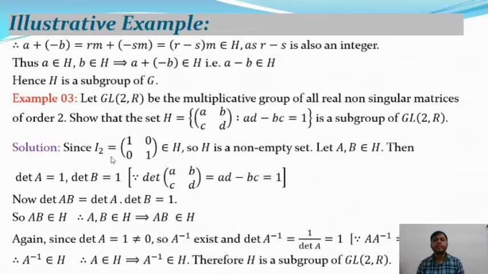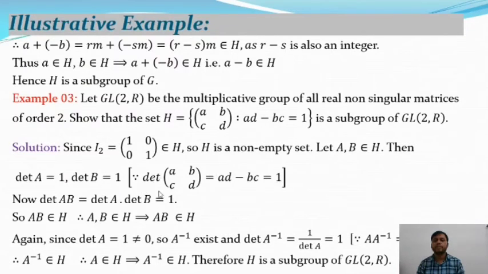Since I2 is equal to [1 0; 0 1], this is the identity element, it belongs to H. So H is a non-empty set. Now let A, B belong to H, where A and B are matrices. Then the determinant of A is equal to 1 as well as the determinant of B is equal to 1. You know that the determinant of [A, B; C, D] is equal to AD minus BC, and it is equal to 1.